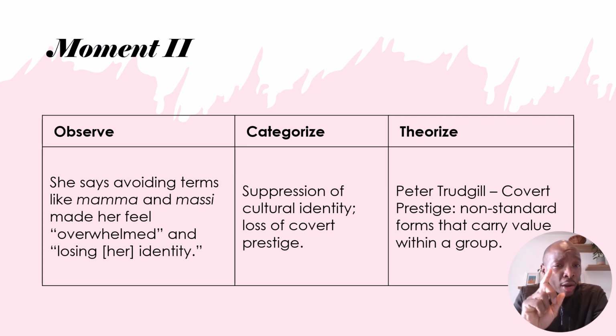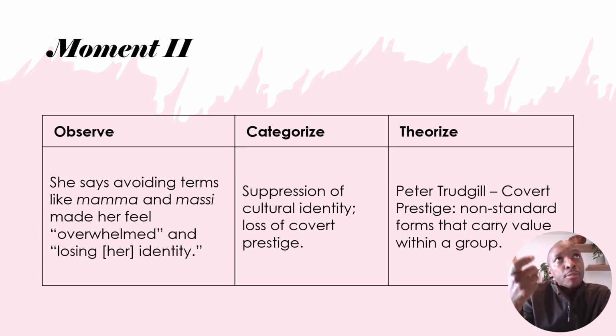And there's also a clue, right, that these words have meaning. Mama, masi, and some others have a particular weight, emotional weight, social weight in these particular communities, in these cultures, right? They might not have the same weight in the dominant culture, but they do in the sub-community that she's a part of. And so there's the idea of prestige and perhaps covert prestige. I might theorize and draw on Trudgill, because Trudgill reminds us that non-standard forms carry value in particular social groups.